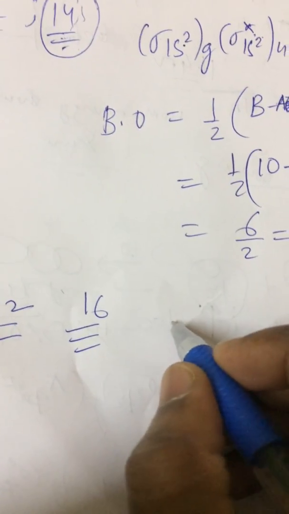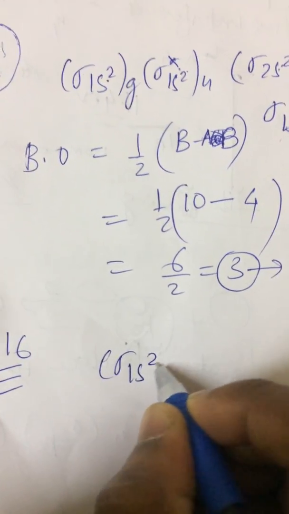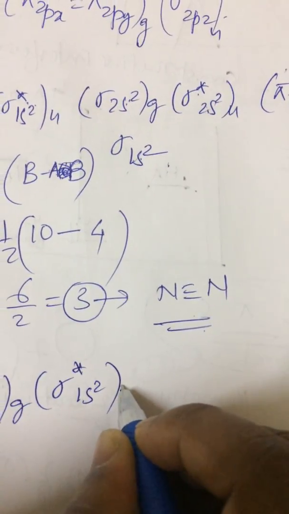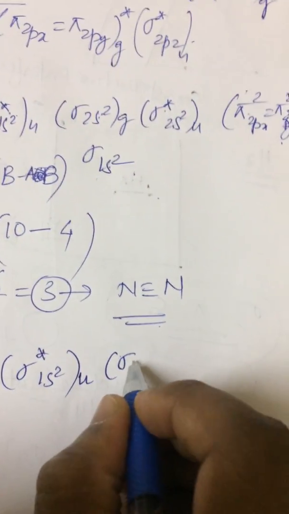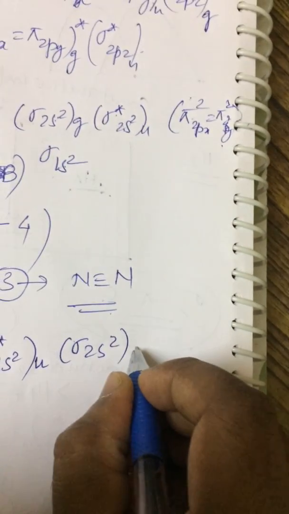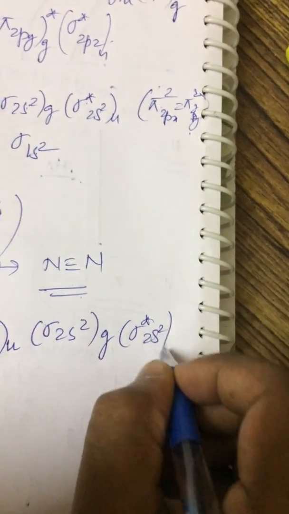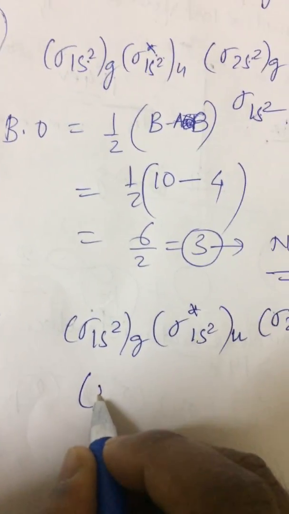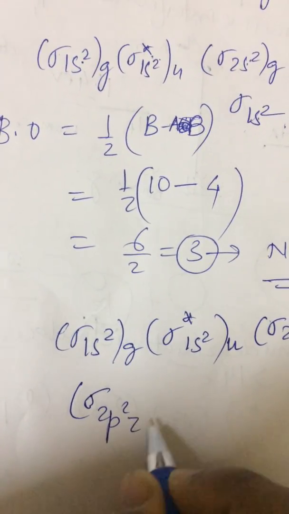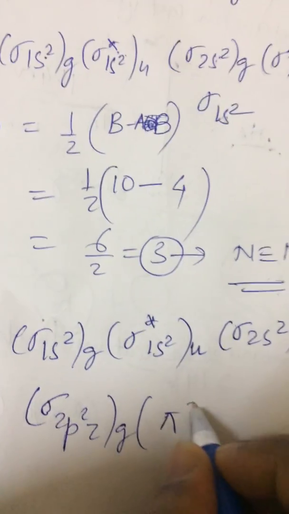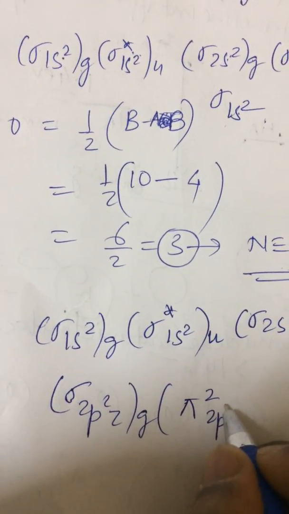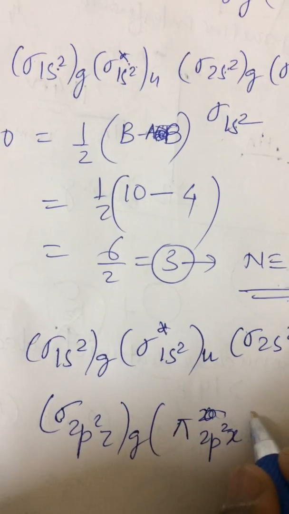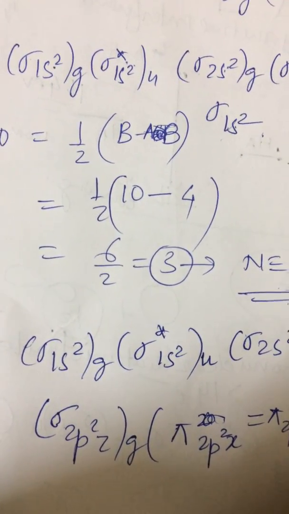Sigma 1s squared zeroth, sigma star 1s squared, sigma 2s squared, sigma star 2s squared unzeroth, sigma 2pz squared zeroth, and pi 2px squared equals pi 2py squared.